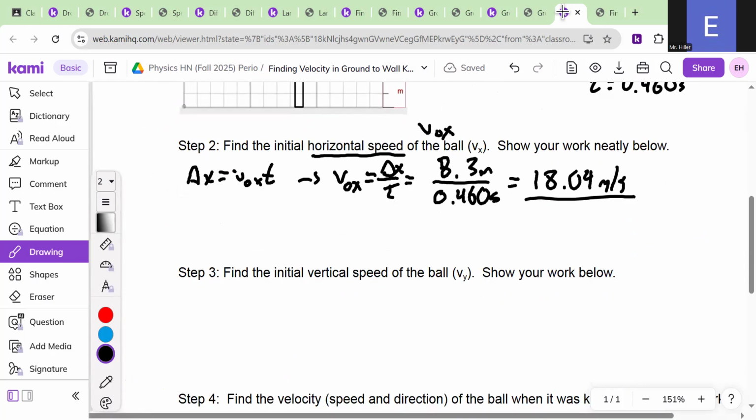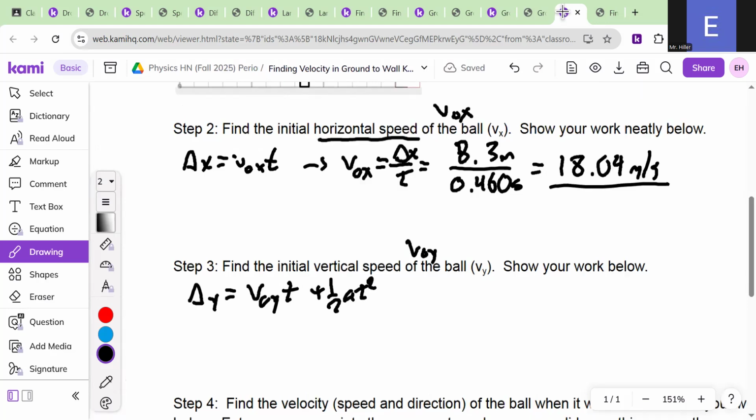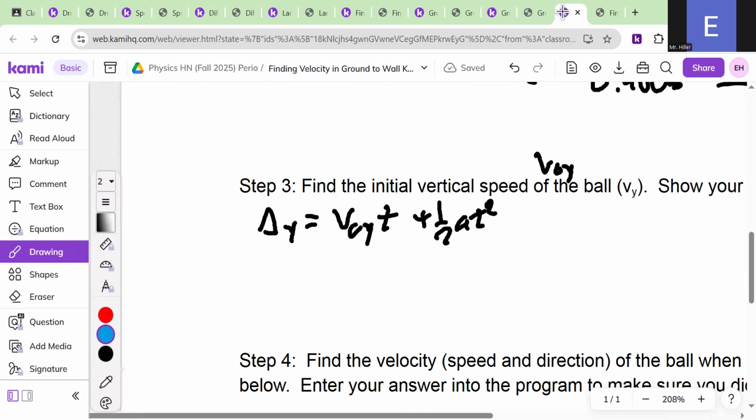Do the same thing. We're going to find V naught y right here. Now to do that, we're going to use our displacement as a function of time, V naught y t plus 1/2 a t squared. And you're going to solve it for V naught y. Remember how we did that, guys? We subtract the 1/2 a t squared from both sides and then divide by t.